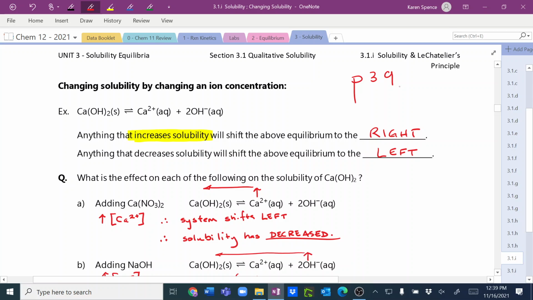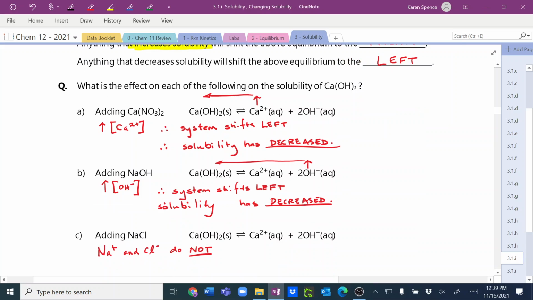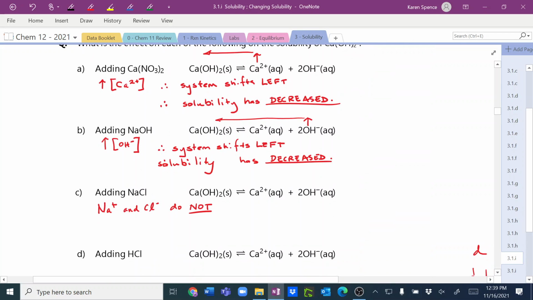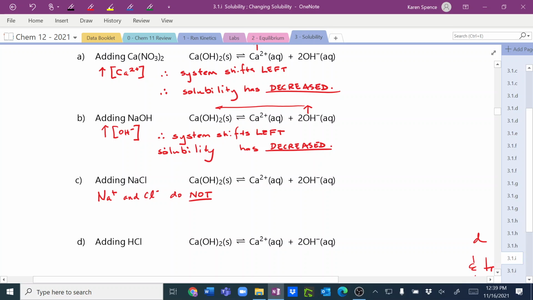And we were looking at changing the solubility of calcium hydroxide by changing the ion concentrations, okay? So we had gotten partway through this list, and then we ran out of time and the bell went, okay?